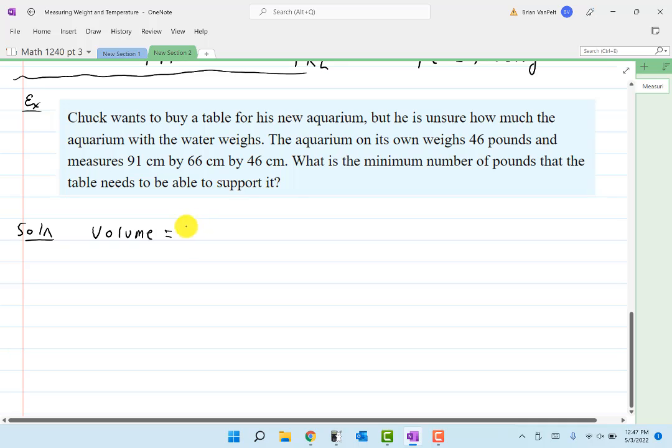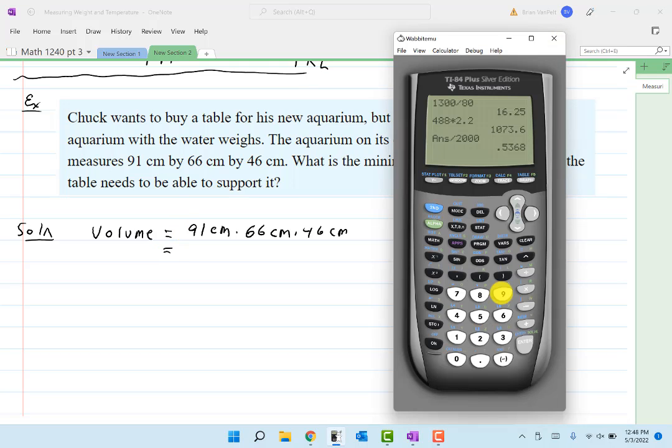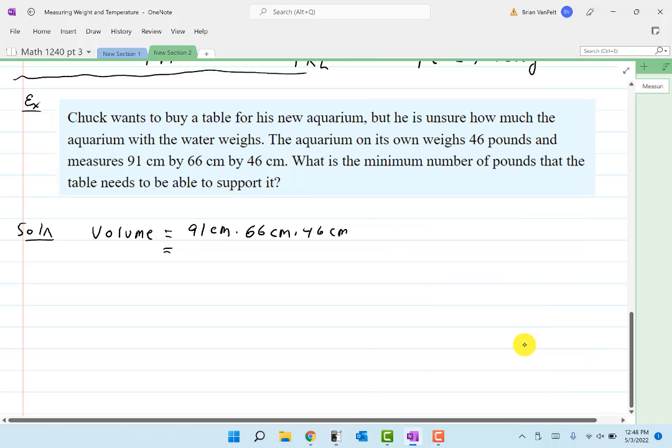Remember, this is going to be 91 centimeters times 66 centimeters times 46 centimeters. So we get 276,276 cubic centimeters.